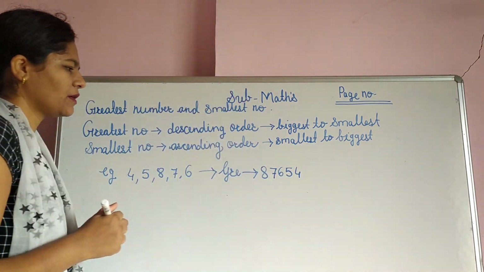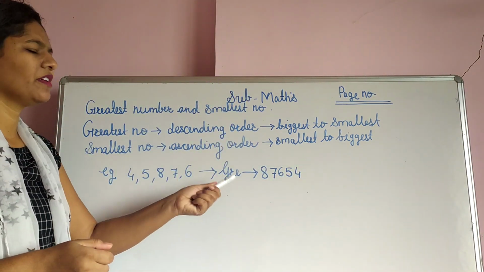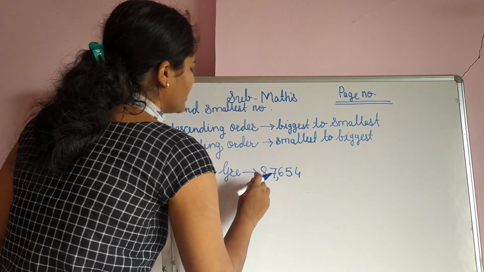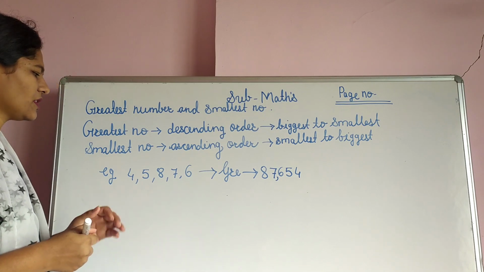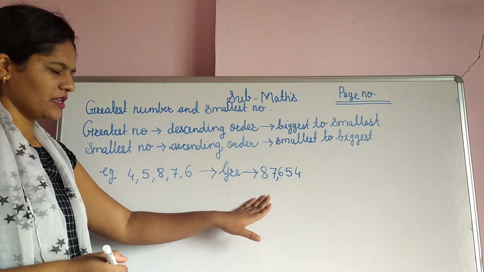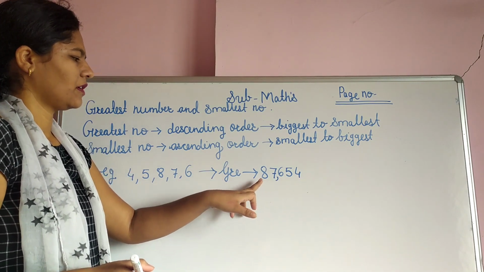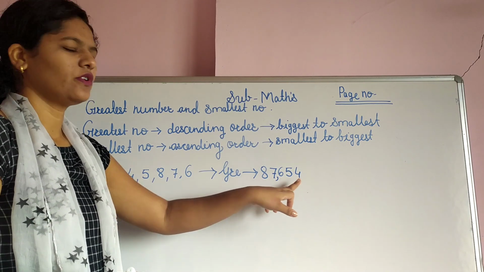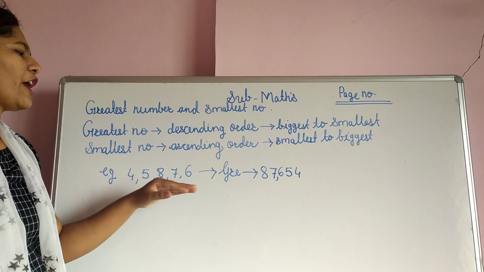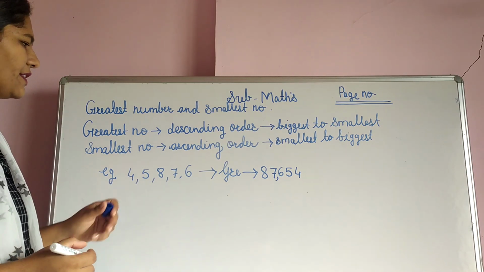So what is our number? This number is 87,654. So this is the greatest number. See, we arranged these digits in descending order from big to small. Like this, we have to do for descending order.